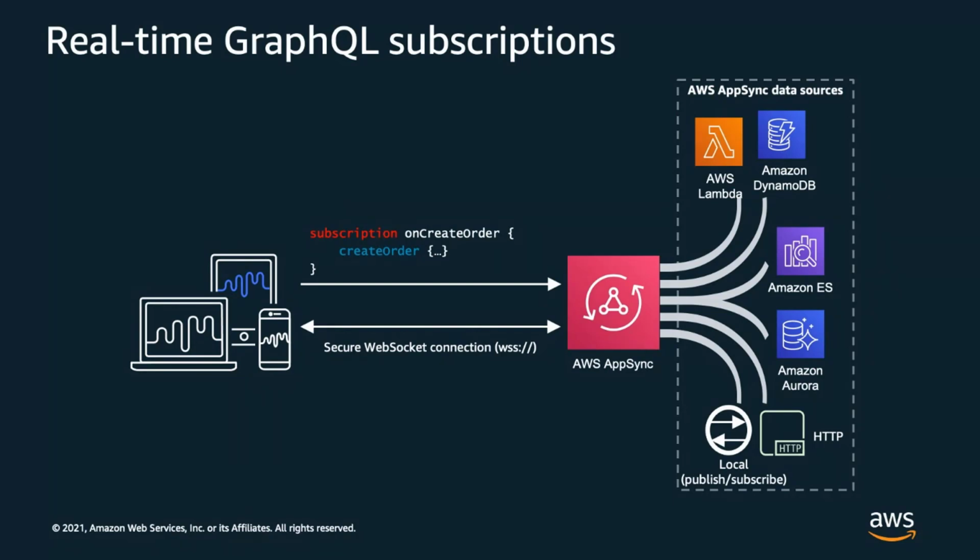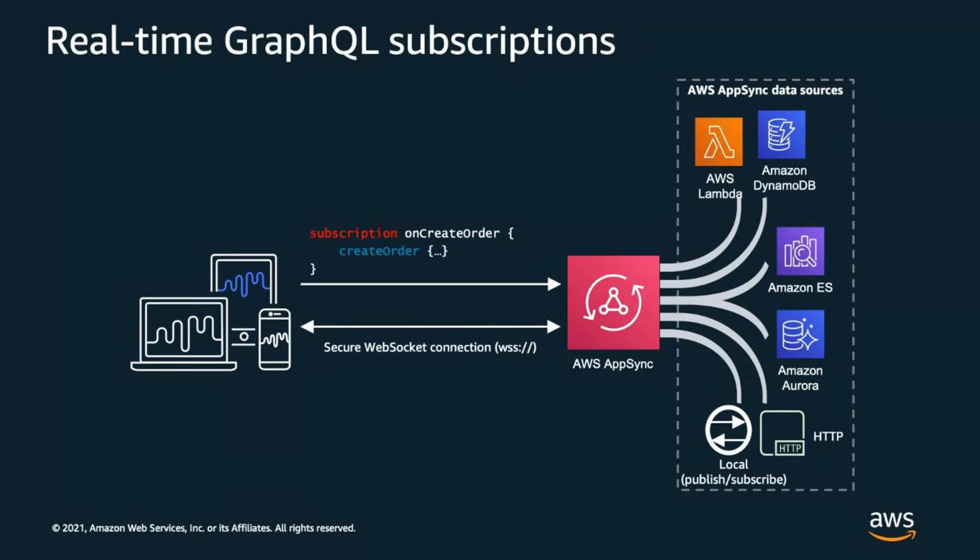And that means that you can easily make any supported data source in AWS a real-time data source. And the connection management is handled automatically for you by AppSync between the client and the service. And that means that a backend can easily broadcast data to connected clients, or clients can send data to other clients, depending on the use case, in an easy way.